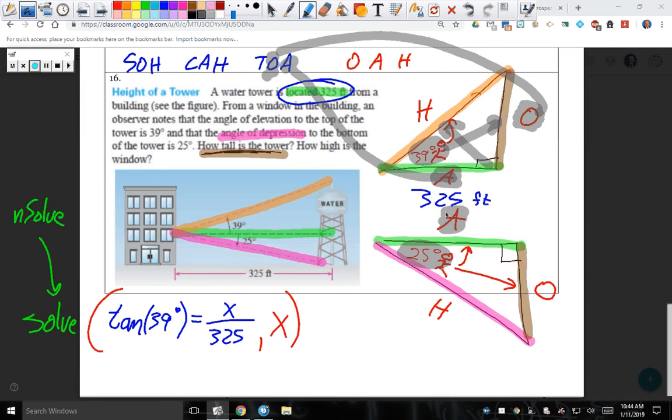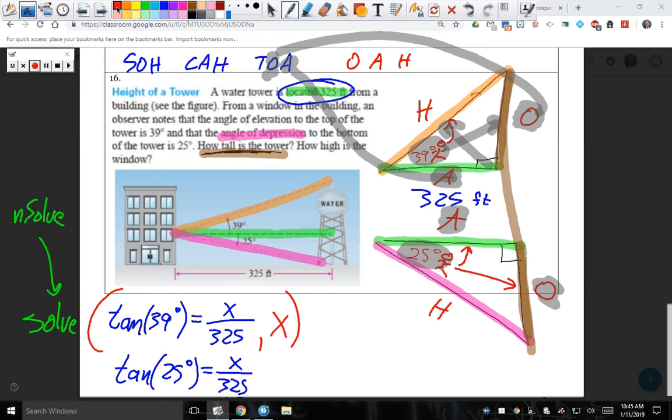O. We want O because we need to find what the length is, again, of all of this together. Okay? So which one is it going to be now? Tangent, cosine, or sine? Tangent. So say the tangent of 25 degrees is opposite over adjacent, which is 325.